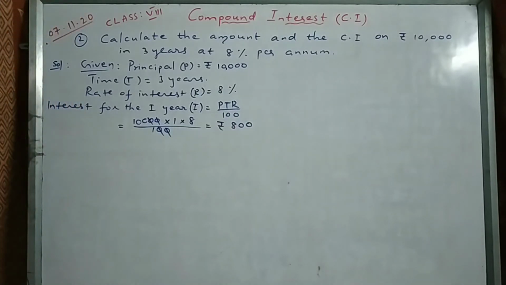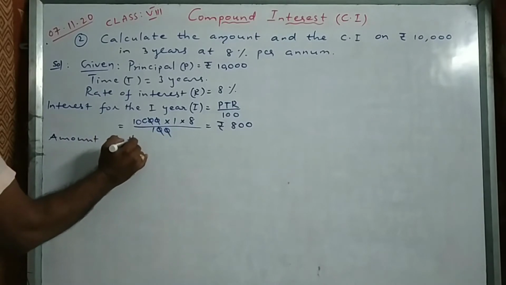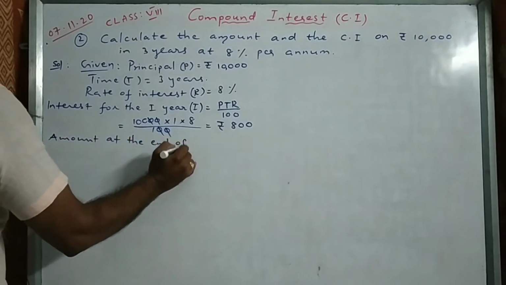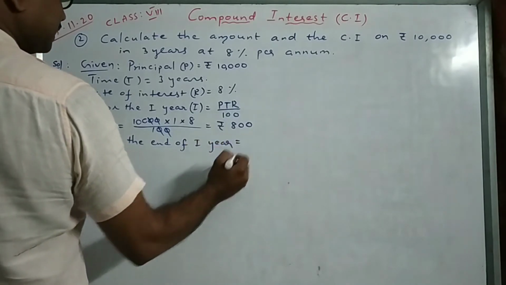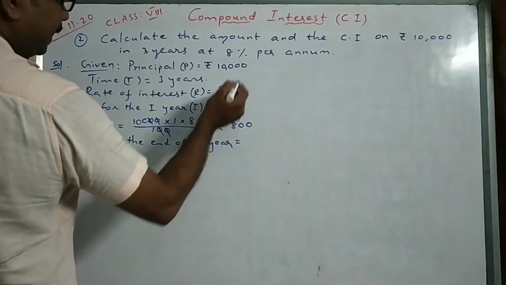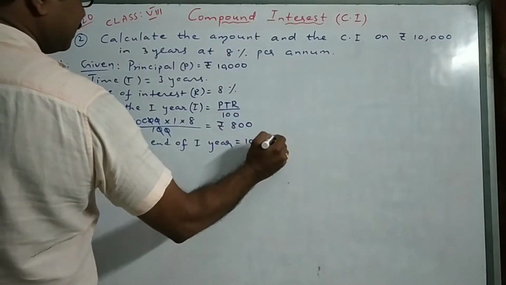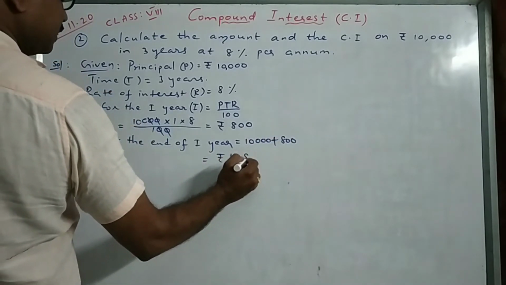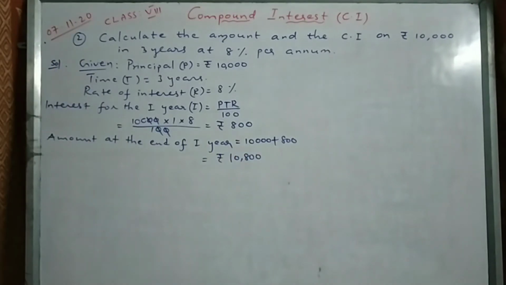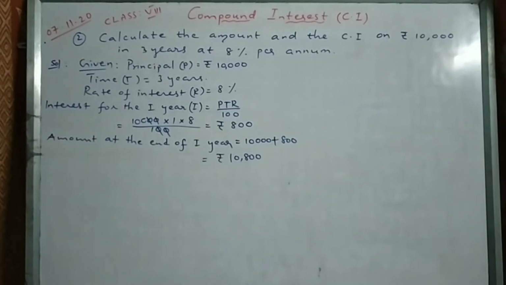Suppose if he wants to pay at the end of first year, how much amount he has to pay? Principal amount plus interest. So 10,000 plus 800. 10,800 he has to pay if he wants to pay the amount at the end of first year.